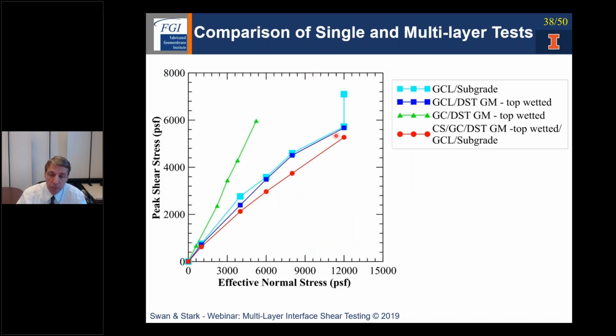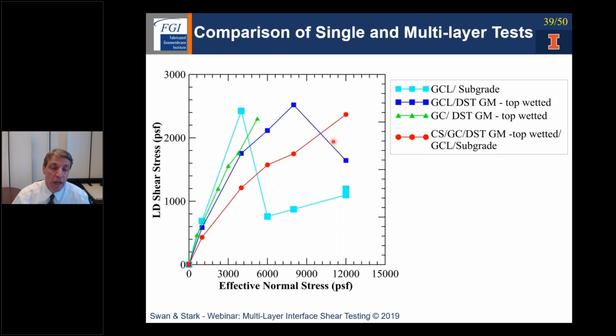The red is the multi-interface, the blue is the weakest single interface, and so you can see there's no crossover in this particular combination. The GCL double-sided texture is the critical interface from the single interface test, a little higher than the multi-interface test.